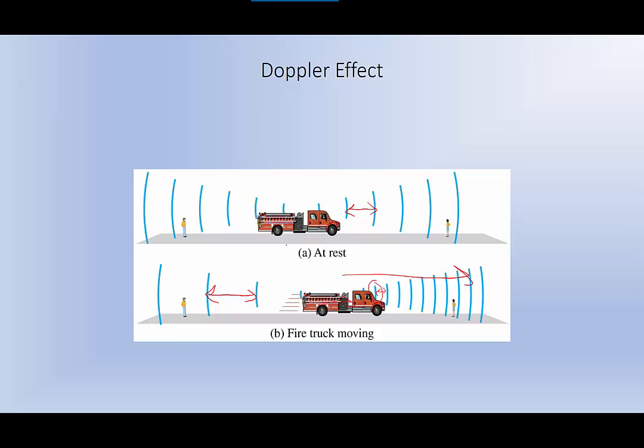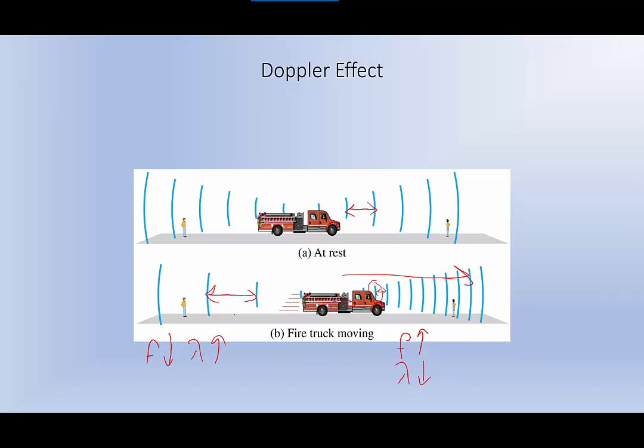So when the truck starts moving, the person on the left receives waves at a lower frequency, and the person on the right hears a higher frequency, whereas their wavelength has decreased, but the wavelength over here has increased. Now, these are apparent wavelengths of the waves. The waves being produced by the truck are still the same.